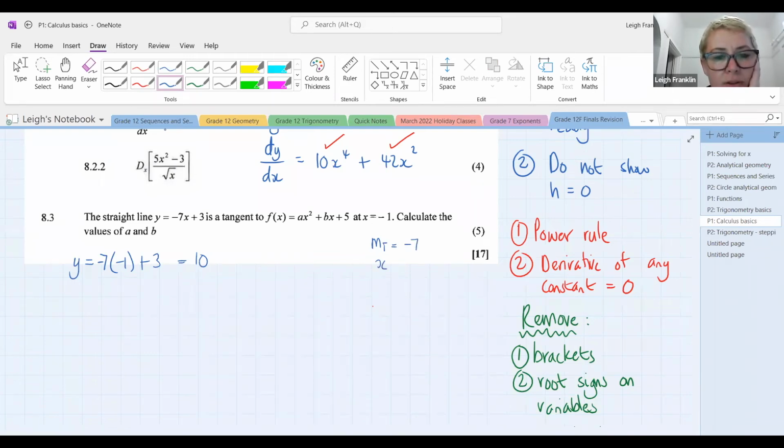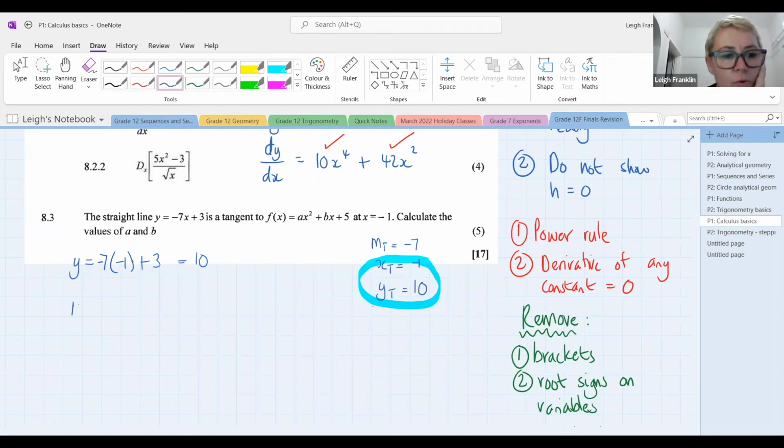We know the x coordinate at the point of tangency is -1, and we know the y coordinate at the point of tangency is 10. Now we have a coordinate pair that we can sub into f of x. So we're going to go ahead and sub that in.